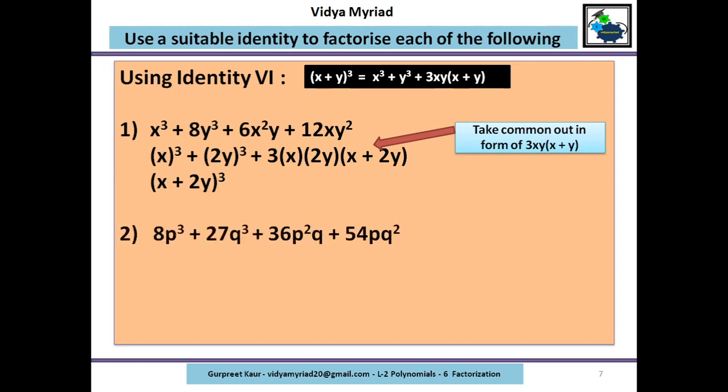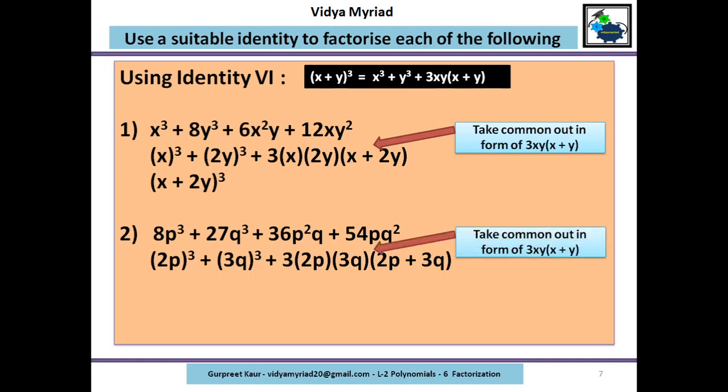Okay. Another example is also in a similar form. Now you have 8p cube plus 27q cube plus 36p square q plus 54pq square. Now what I will do is split it. 8 can be split into 2p cube, 27 can be done as 3q cube, and then take out common from 36p square q and 54pq square.